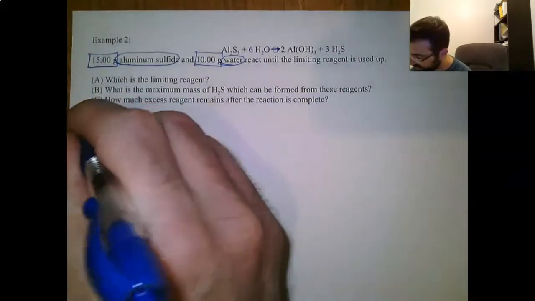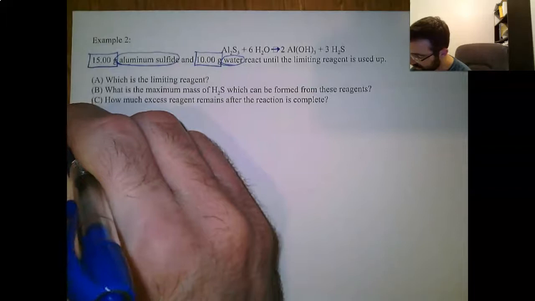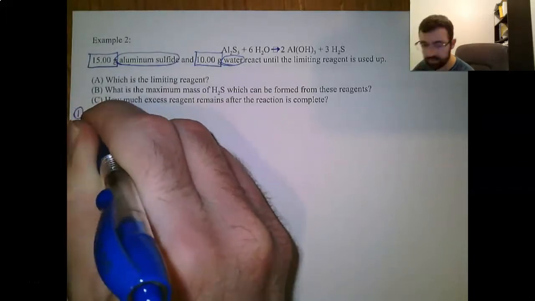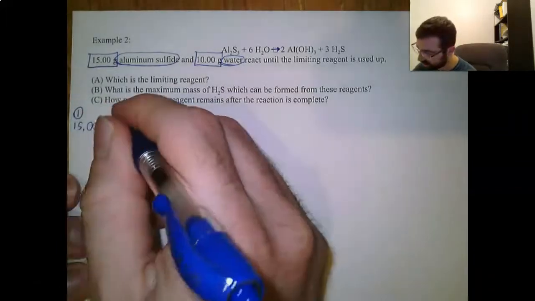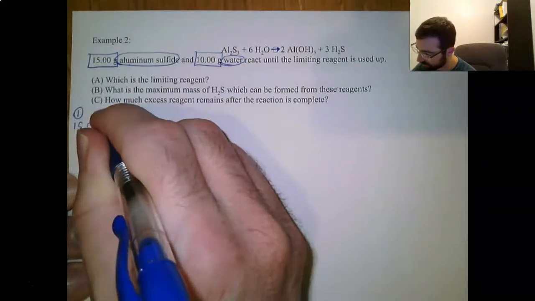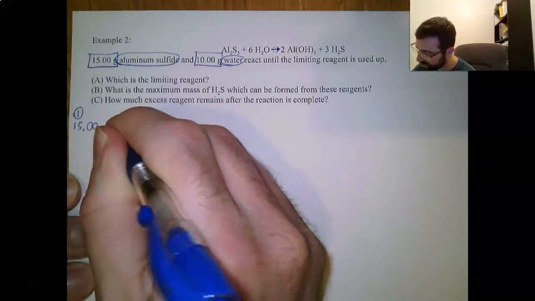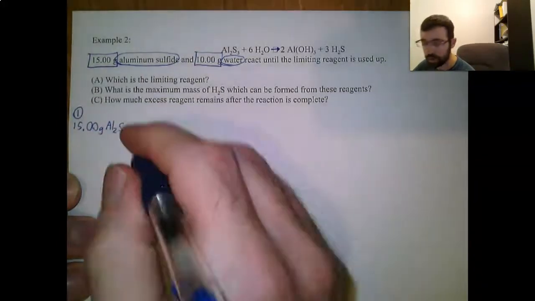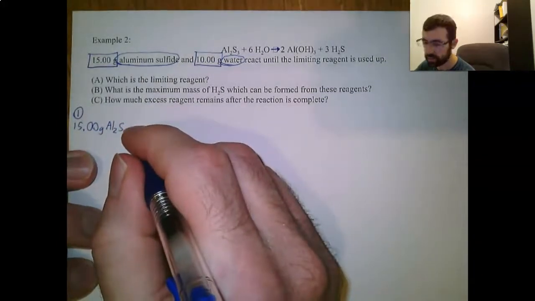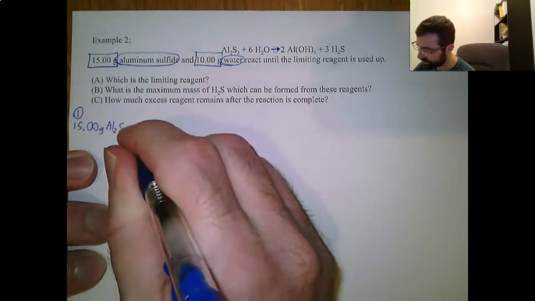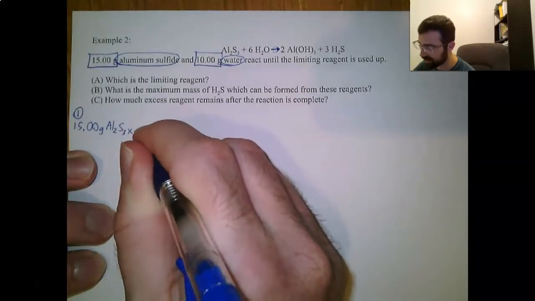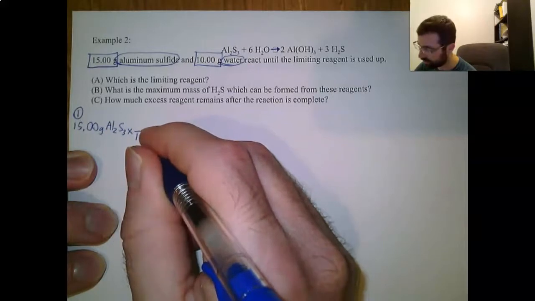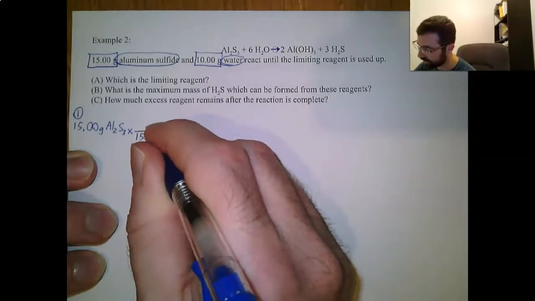All right, I've got 15.00 grams of aluminum sulfide, Al2S3. I want to find how many moles that is, so I'm going to start by putting my molar mass on the bottom, which happens to be 150. And you could calculate that, 150.14 grams of Al2S3.